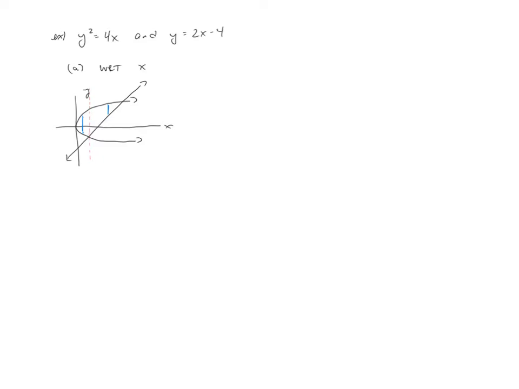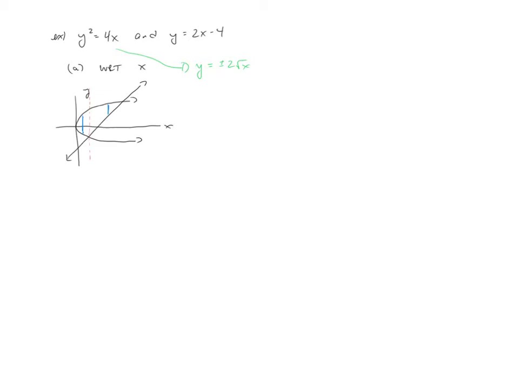Okay, so if I'm going to get x values though, that means I need to have this guy solved for y as well. So y would equal plus or minus 2 root x. Now I'm going to take this curve and set it equal to this curve to find where they intersect, and that will give me my x values.